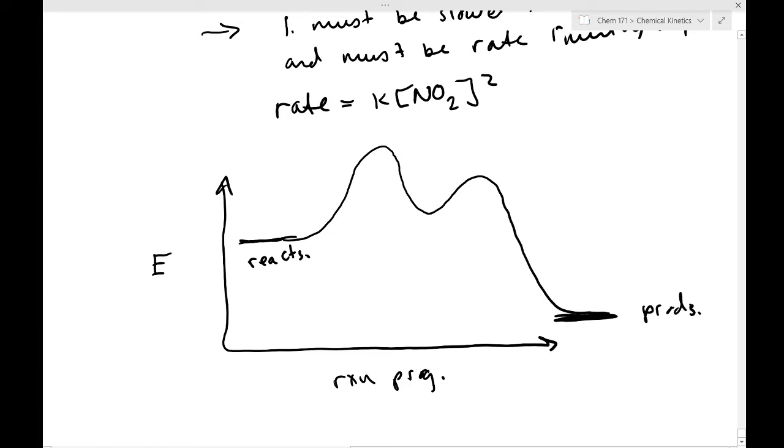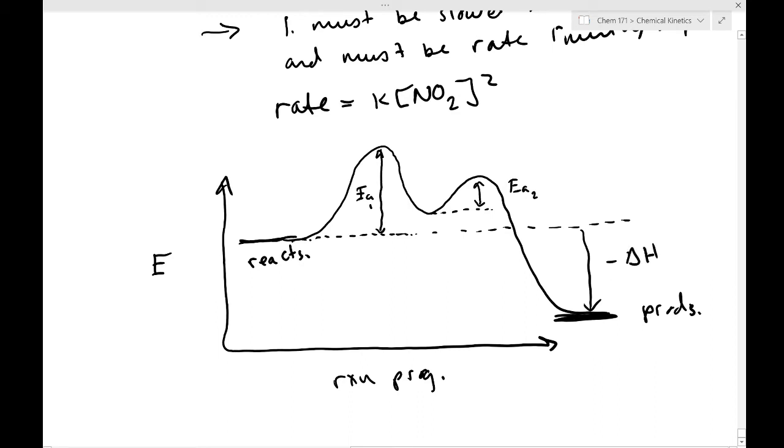Now, interestingly enough, in the way that I've drawn this, the activation energy for the first step is much greater than the activation energy for the second step. And then the overall delta H is negative here.